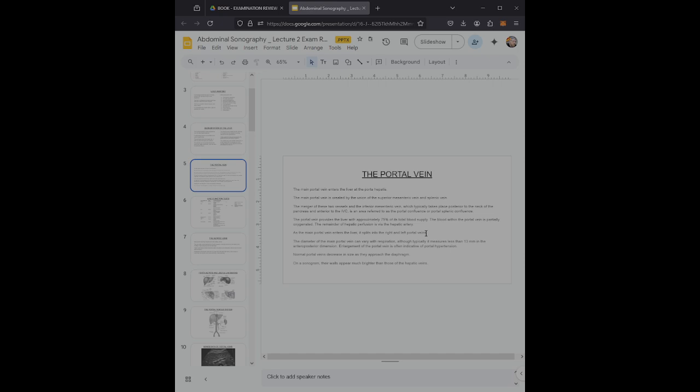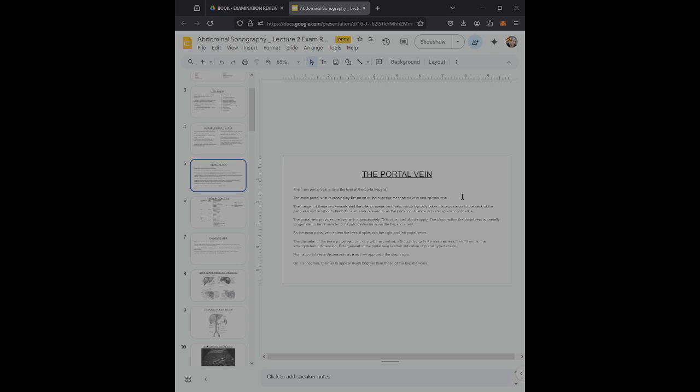A merger of these two vessels meets the inferior mesenteric vein, and this typically takes place posterior to the neck of the pancreas and anterior to the IVC, and it is an area we refer to as the portal confluence or the portal splenic confluence.